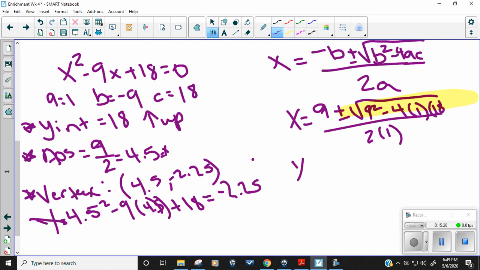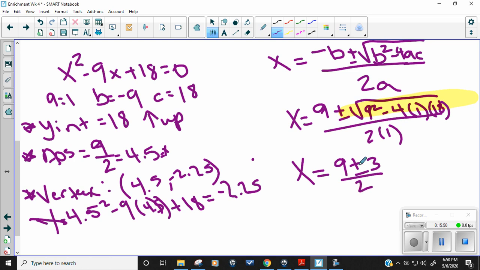So x equals, it didn't give me an error. If this second half is a negative and it's bigger, it'll give you an error and there's no x-intercepts, you're done. But so my answer is 9 plus or minus, and 81 minus 72 is 9. Square root of 9 is 3 over 2.